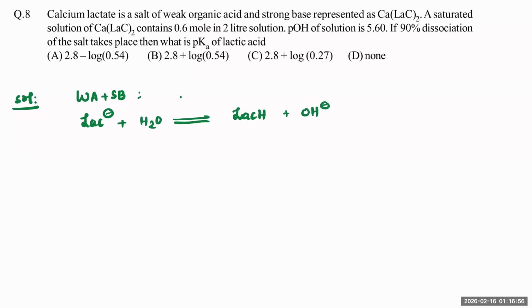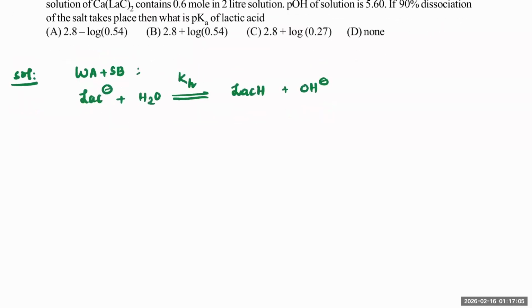So I have this LAC minus plus H2O, which will be hydrolyzing to form LacH plus OH minus. And for this, the hydrolysis constant is KH. Initially, if the concentration is C naught, this will become C naught minus C naught h, where h is the degree of hydrolysis.